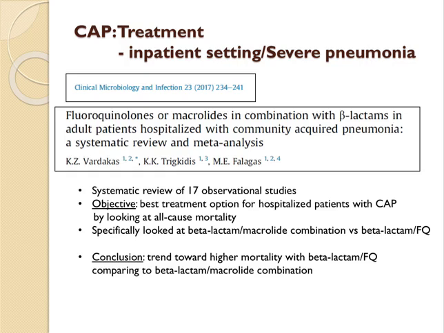Interestingly, they also specifically looked at the combination of beta-lactam/macrolide versus beta-lactam/fluoroquinolone. And the conclusion of this study was that there was a trend toward higher mortality with beta-lactam/fluoroquinolone combination compared to beta-lactam/macrolide combination.